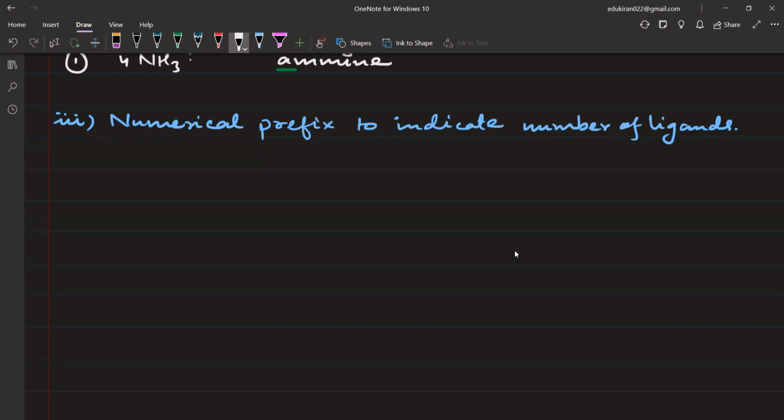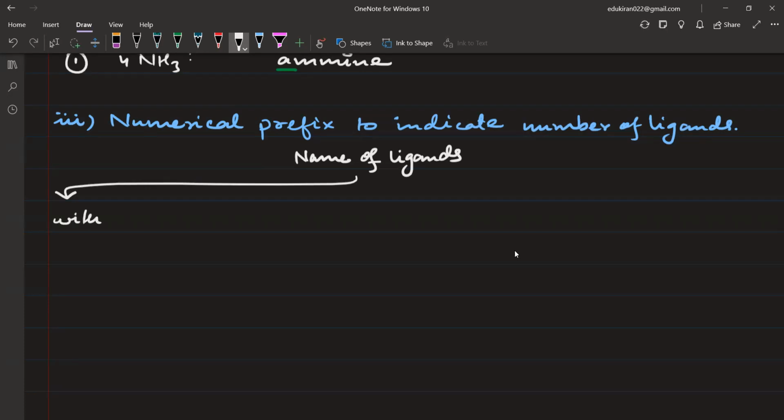When we talk about names of ligand, you can categorize the name of ligand into two types. There are some names of ligand which are simple and they don't contain di, tri, tetra in their name.